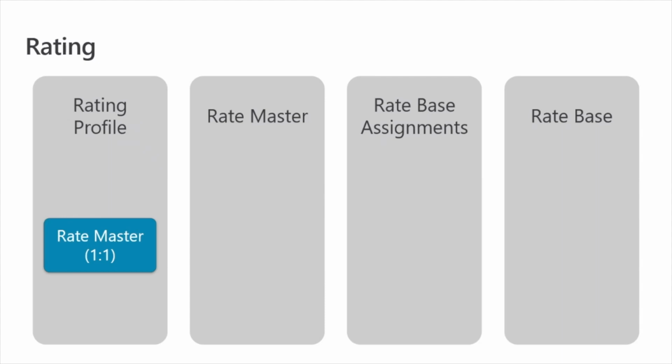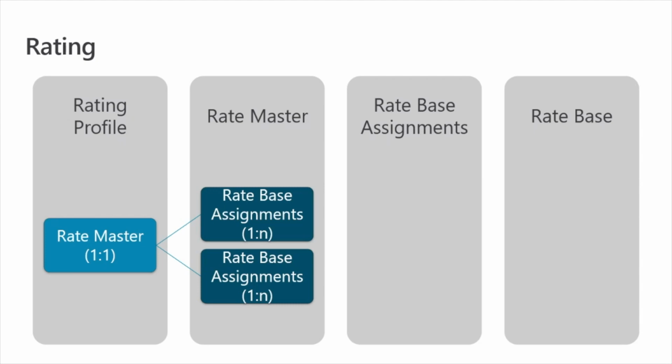So we start with a rating profile, which contains a relationship to our rate master, and that is a one-to-one relationship. So for every rating profile I set up, I have one rate master that I am tying to that profile.